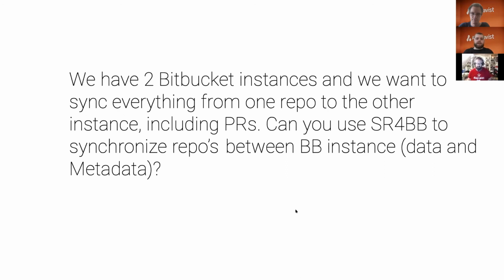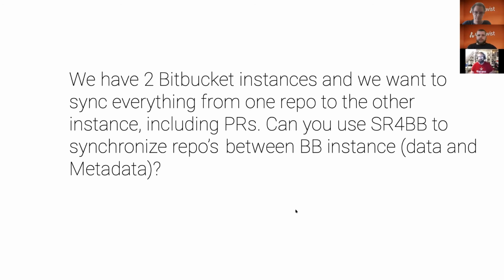If I then want to have pull requests mirrored between those 2 things, you'd have to start diving into custom coding. So what we would suggest is perhaps a custom event handler on the remote server, listening for events such as pull requests created. That could then be used to trigger the Bitbucket REST API on the server that's mirroring and create the pull request there. That's something you could do.